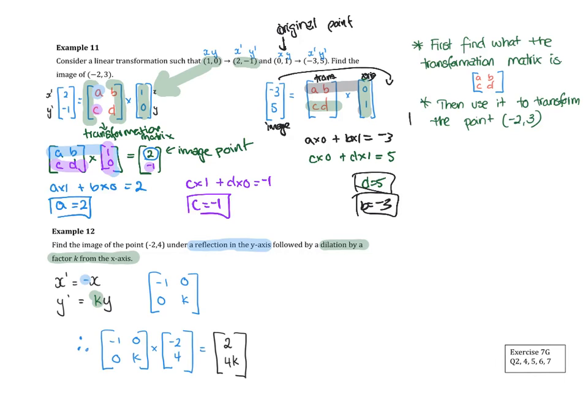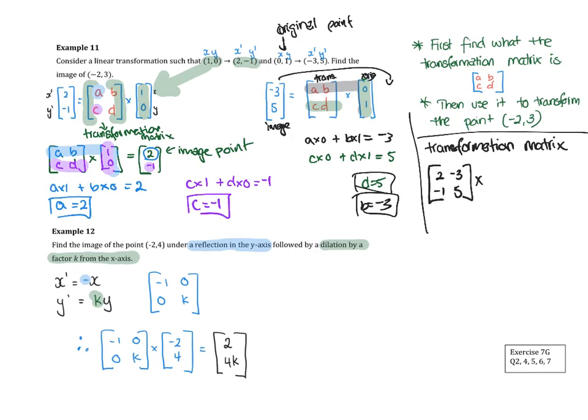So now I have all the answers for my transformation matrix. We've worked that out. It is actually going to be A is 2, B is -3, and C is -1, and D is 5. And they asked us in the question to find the image of that one. So that means I'm timesing that point by this transformation, and I'm going to get my answer.